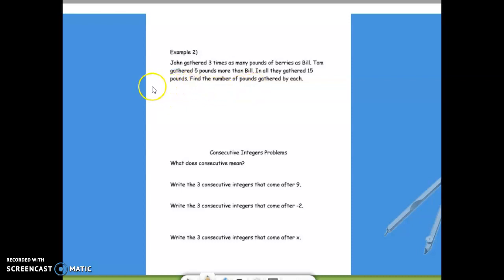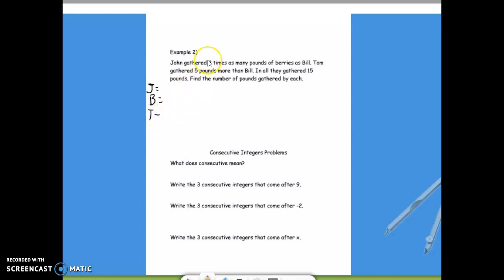I've got John, okay. So we got John, we got Bill, and then we've got Tom, okay?